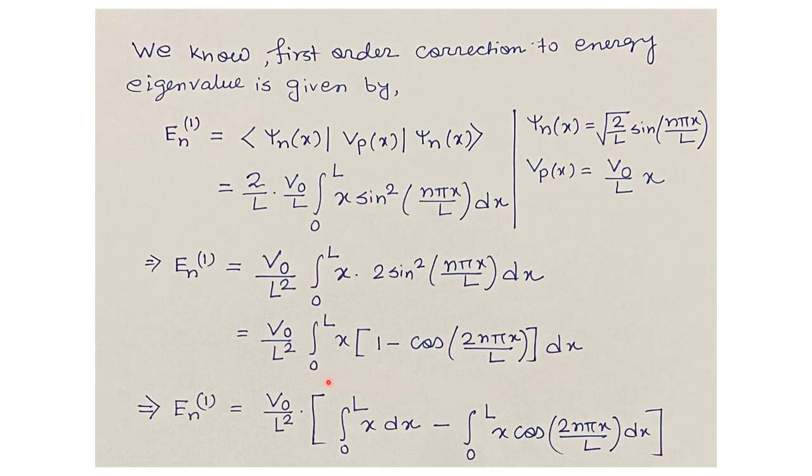So basically now this integration is divided into two parts. So this will give V0 by L squared times integration of 0 to L x dx minus integration from 0 to L x cos 2 n pi x by L dx.